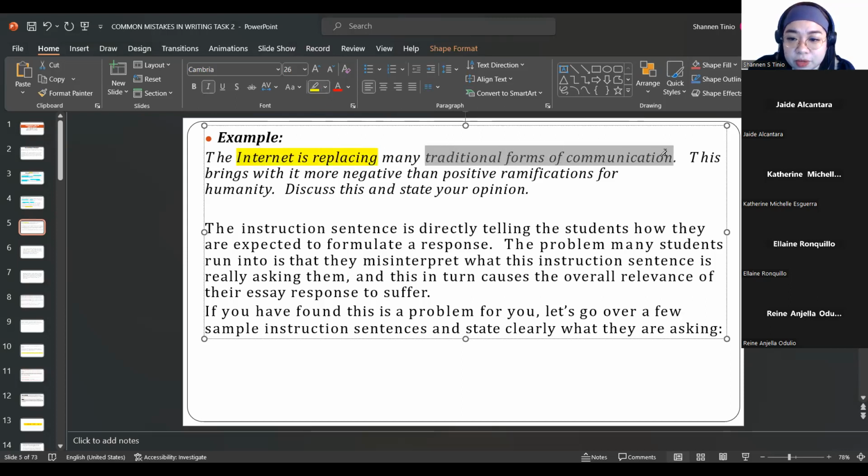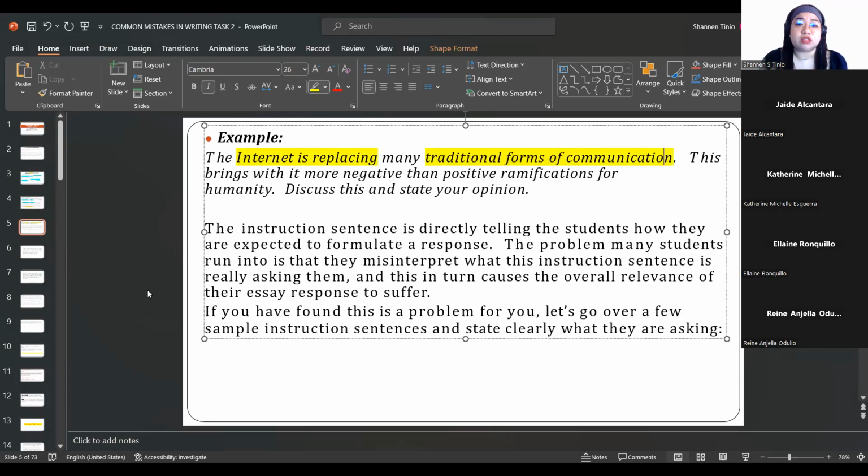Traditional forms of communication. The internet is replacing, meaning ang internet daw ay nagiging substitute na ng traditional forms of communication. What are the traditional forms of communication? We have telephone.